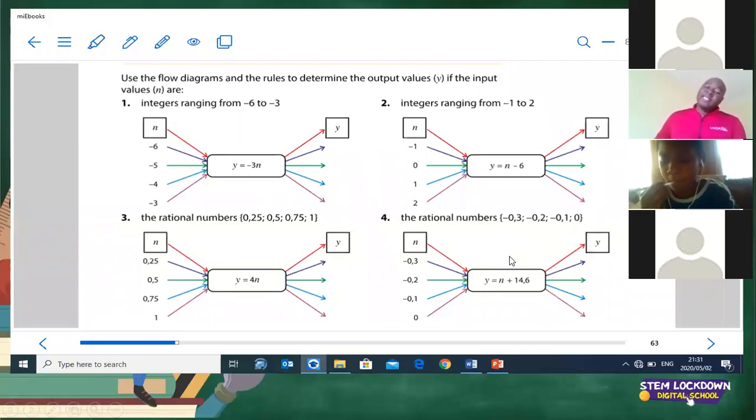For instance, when n is negative 0.3, you will have y is equal to negative 0.3 plus 14.6. Of course, 14.6 minus 0.3. If you subtract that, you'll be able to tell that you get 14.3. That is your final answer there.